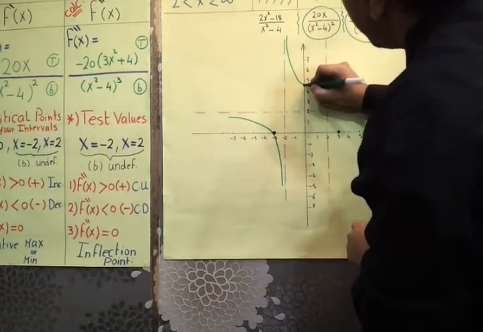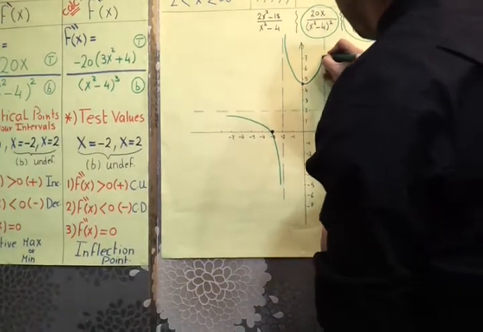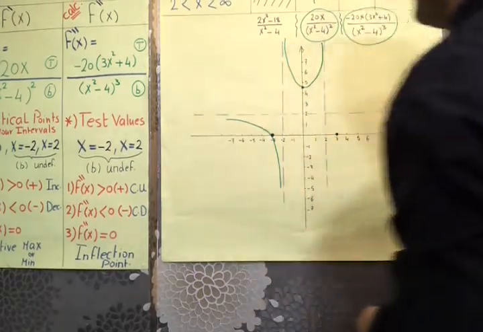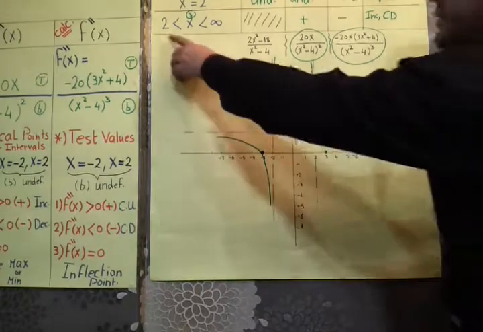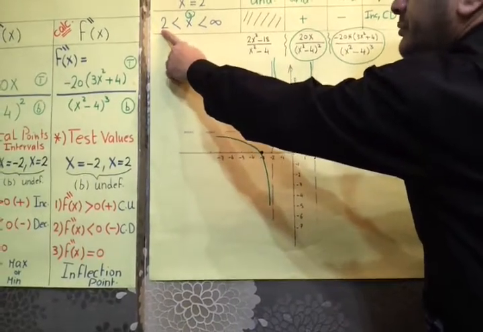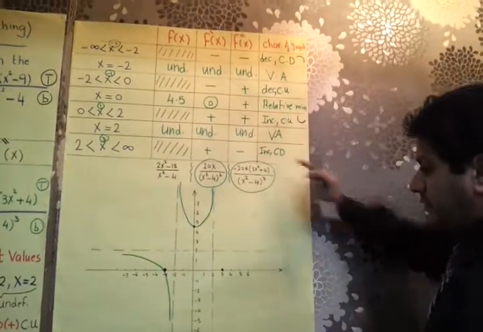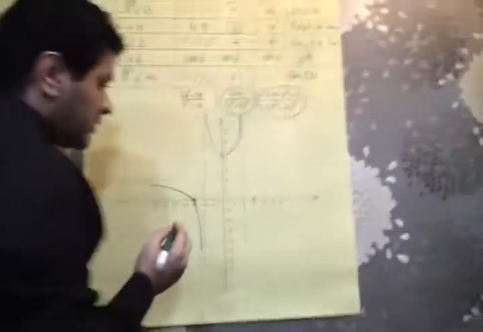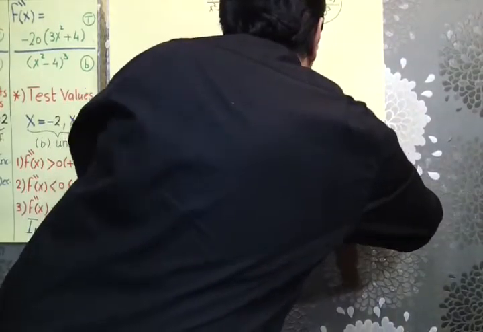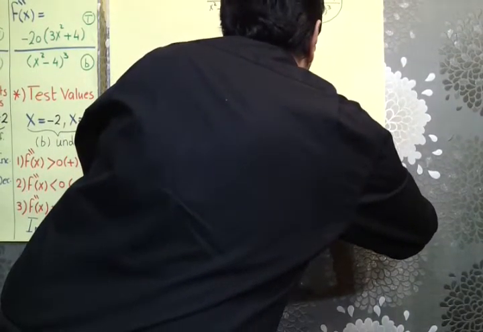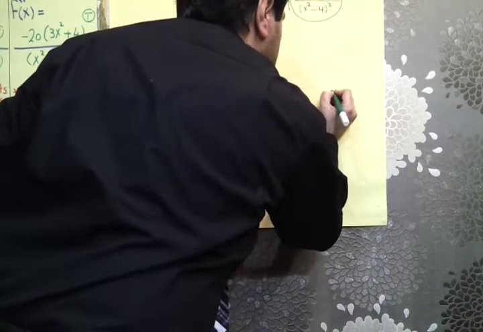So we're going to be increasing like this way and going up. Is it clear right now? The final one, from 2 to infinity, increasing and concave down. It's going to be like this way, concave down and increasing. So we have to graph it from down to up. Okay, I prefer to do it like this way.